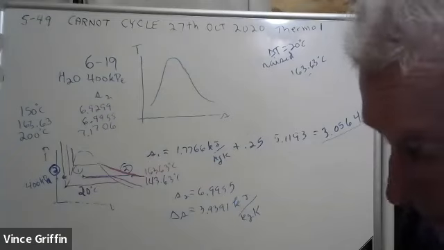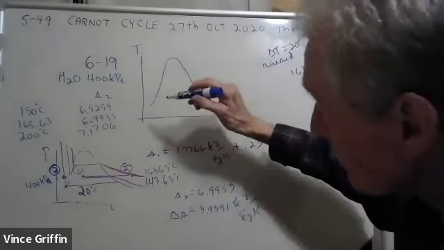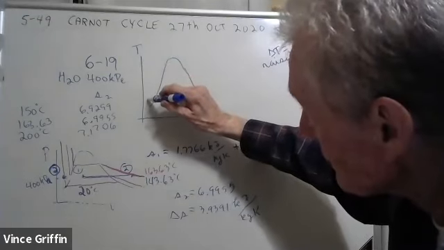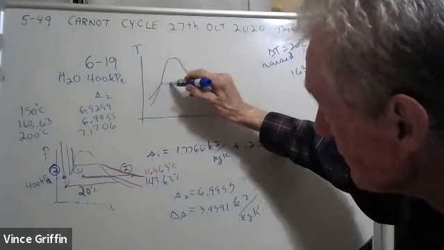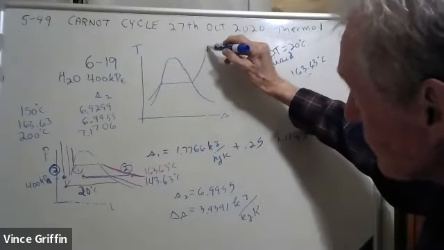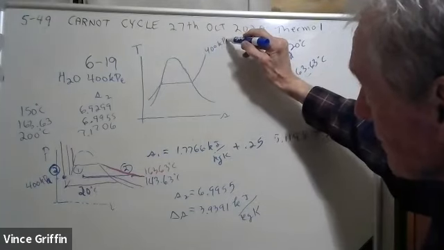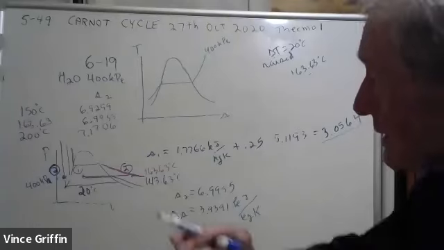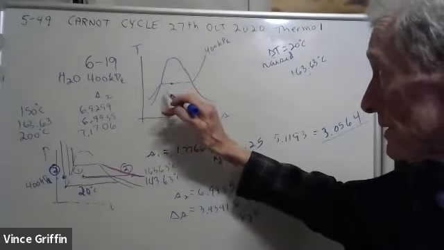Now, let's put in our 400 kilopascals. Well, remember, isobars go like this. They come up, they go over, and they come up. That's your 400 kilopascal isobar. Now we're at, what, 25, somewhere in here.